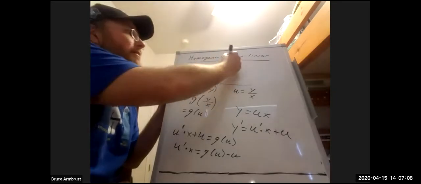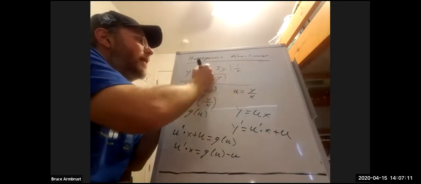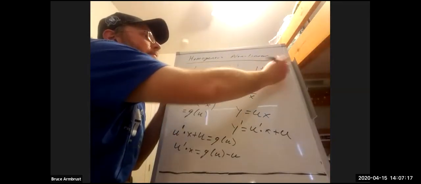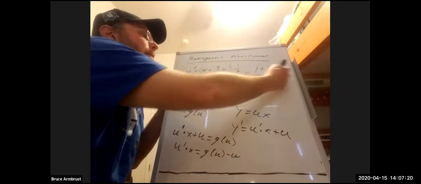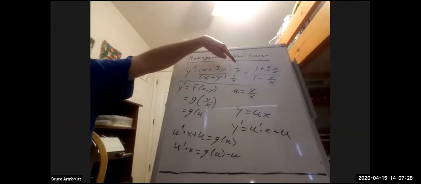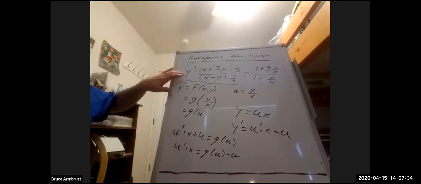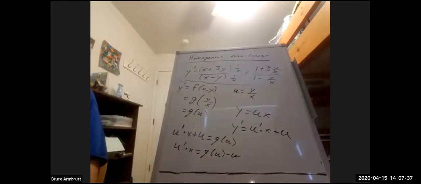So I'm going to multiply top and bottom of this by 1 over x. And so if I do that, notice how, if I change the y over x's into u's, this y prime is only in terms of y over x. So this is going to be the goal with these: try to make it things of y over x so that we can then do this separation.